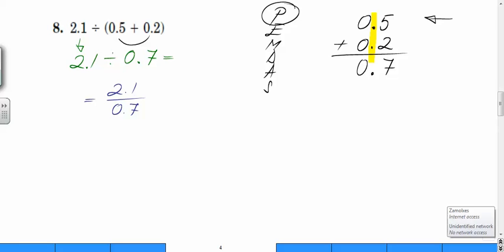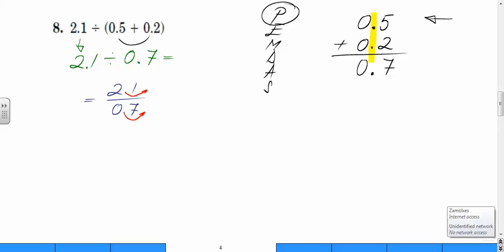Looking at my fraction, it seems that I have decimals on top and at the bottom of my fraction. My numerator and my denominator are decimals. And I will be able to move my decimal point the same number of steps in both top and bottom without changing the value of my fraction, right?